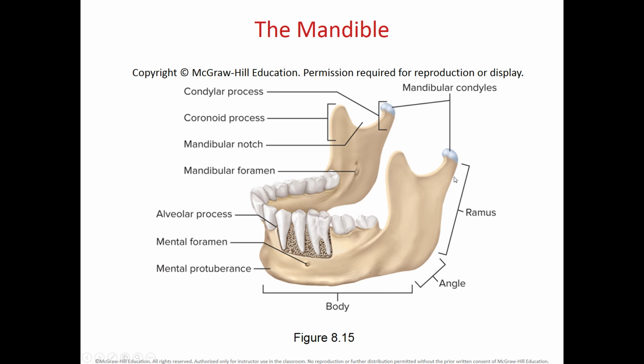We need to speak, we need to also eat. So that's why we have a movable joint in here in the mandible. Why don't we have movable joints within the skull in adults? Well, it's because we need to protect our brain. So that's why we have sutures or immovable joints within the skull, but not within the mandible.